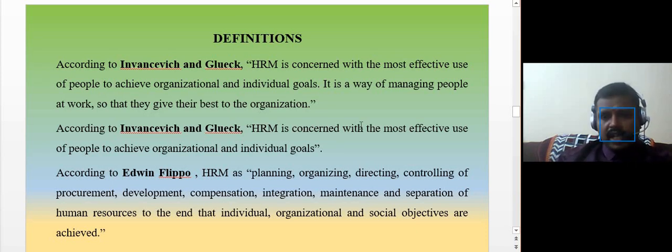And it is a way of managing the people at work so that they give their best to the organization. Because we are searching for the right candidate for the right job. That right man definitely will reduce the wastages, and the right person can bring the right strategies, right methodologies.